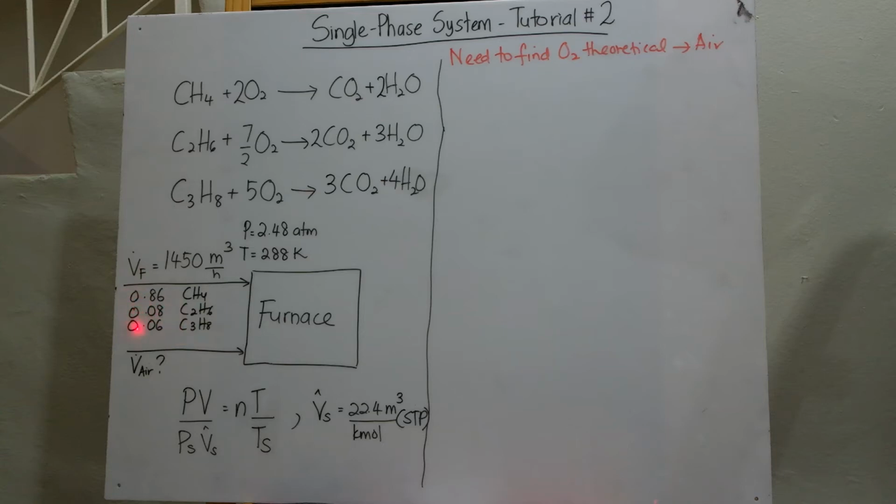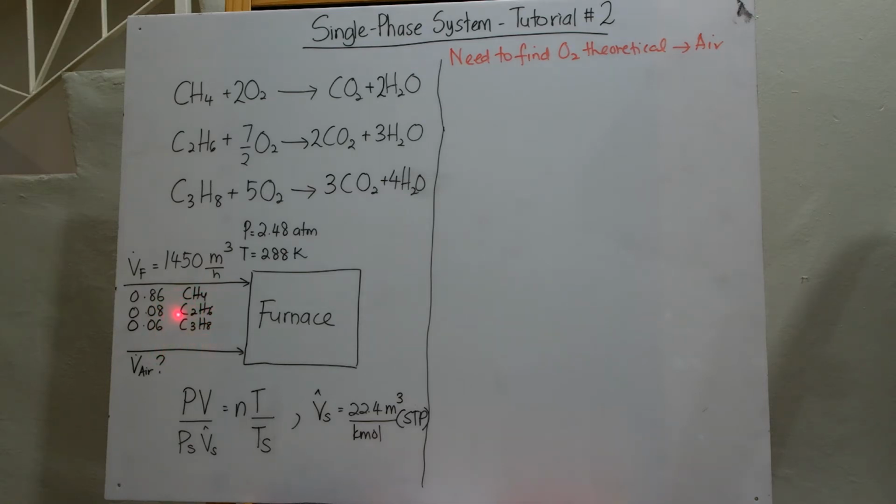And just now we are given that we have 86% by volume of methane, 8% of ethane, and 6% of propane.